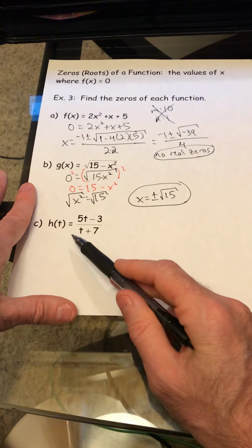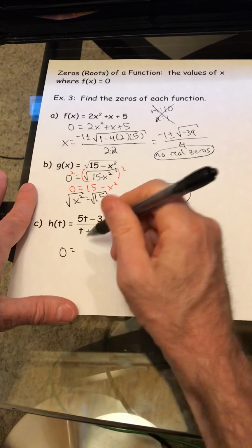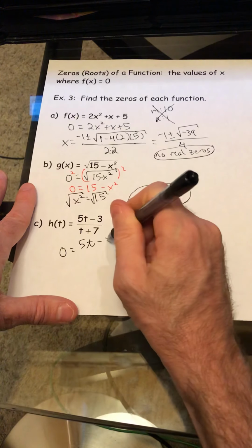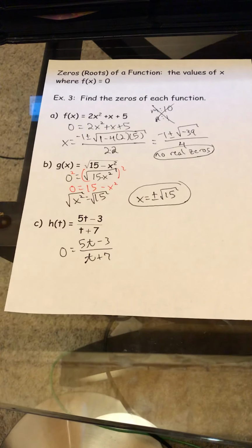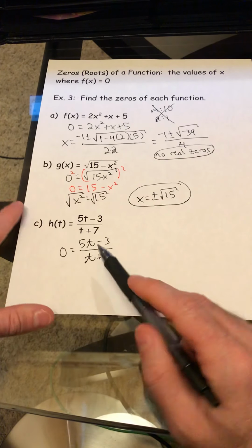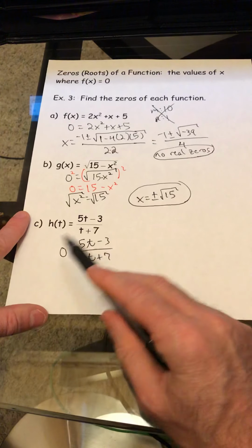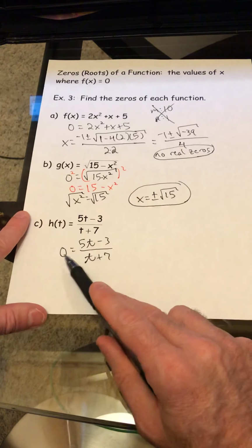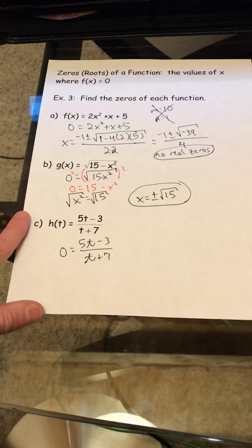All right, for the last one here, h of t. Again, 0 equals 5t minus 3 over t plus 7. There's a couple of different ways you can look at this. When you have a function that's a fraction equal to 0, basically what that means is the numerator has to equal 0.